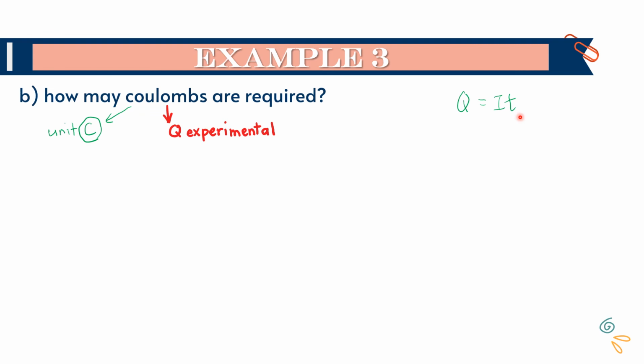Maklumat time masih belum diberi. Kemudian, current also not given. So that's why we will not proceed by doing this. Then, kalau kita tak guna Q equals to IT, cara apa lagi yang kita boleh gunakan untuk kita dapatkan Q experimental?